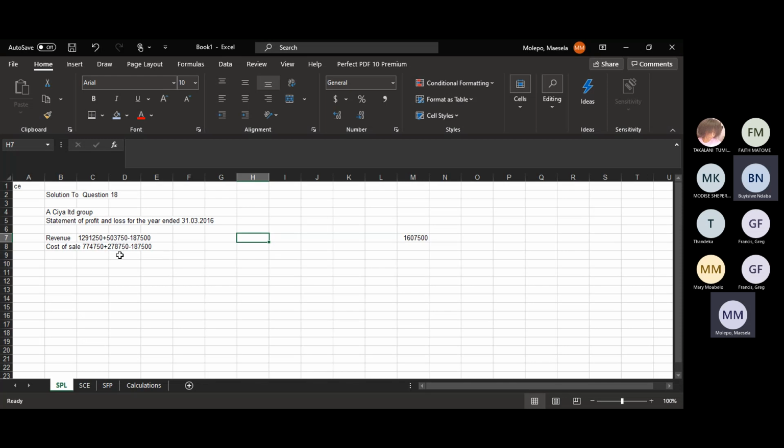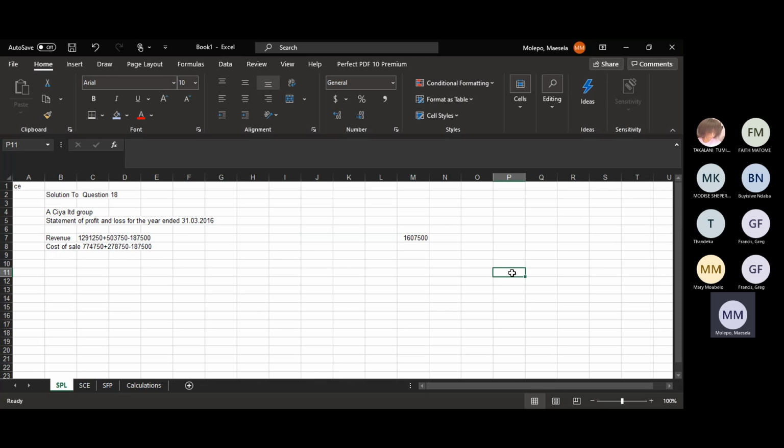The 187,500 will be less on both sides. It will be less in the sales part, because the one selling is SIA, which is the parent.